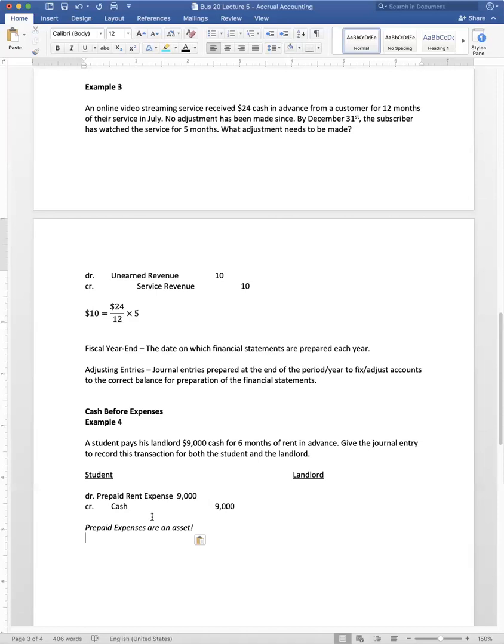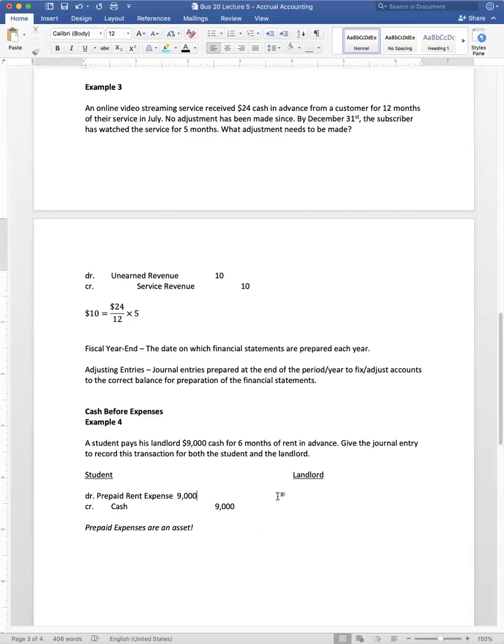If you pay for your tuition, well, now you have a whole semester where you're able to attend classes and learn. And in this case, the student has paid their landlord in advance, and now they have a place to live for the next 6 months, right? So paying in advance gives you an asset. Okay? So even though it says expense, the prepaid expense is an asset.